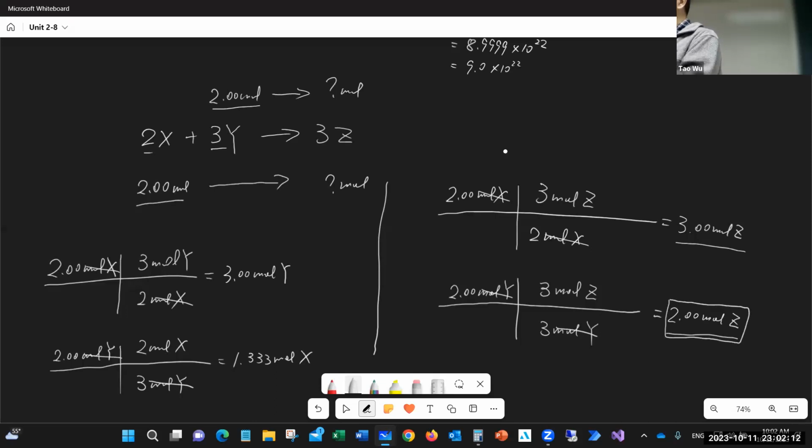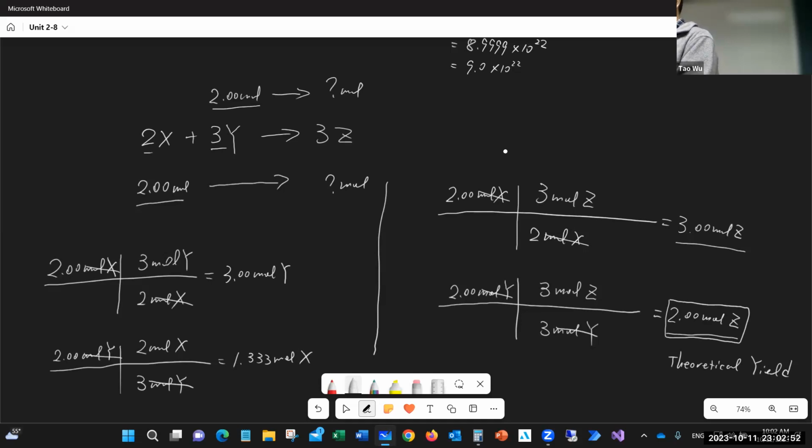So 2 moles of Z will be what we call the theoretical yield. The theoretical yield is the maximum product that can be generated from the limiting reagent.